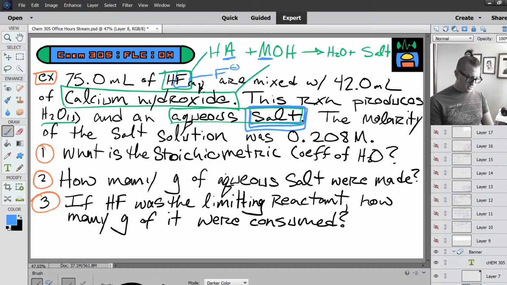I need to color code this better. Okay, so A minus, whoops, did not mean to delete the little legs of my A there.